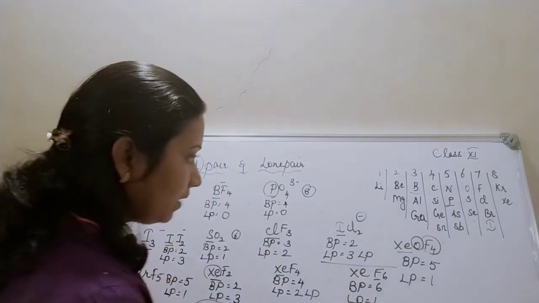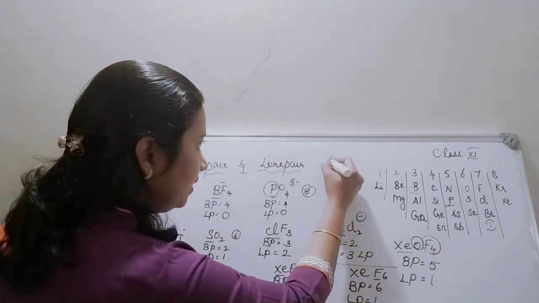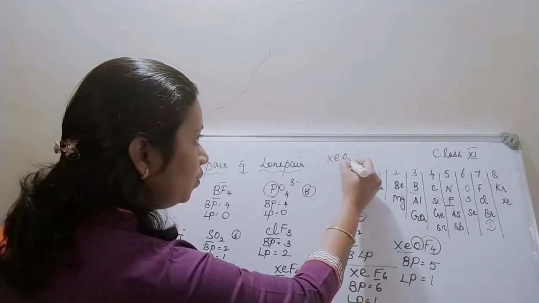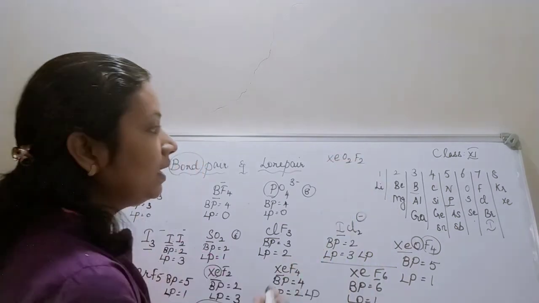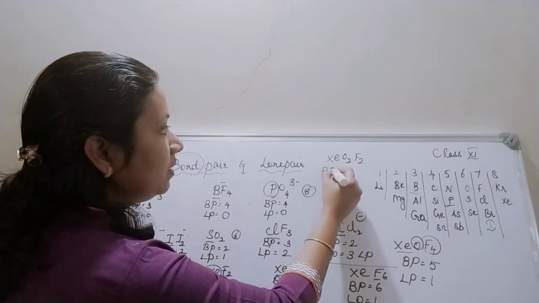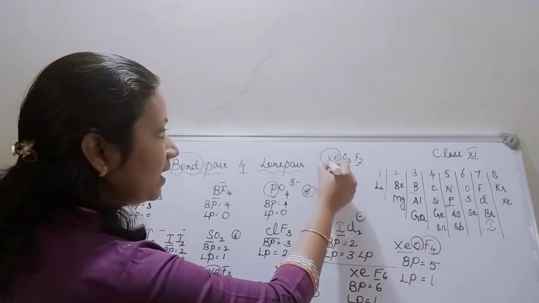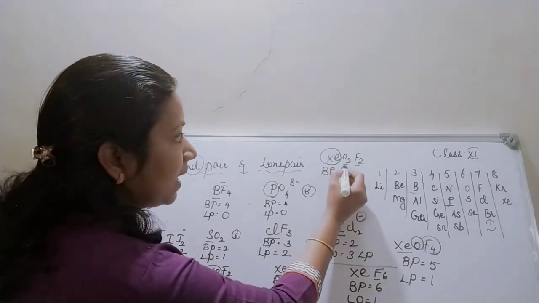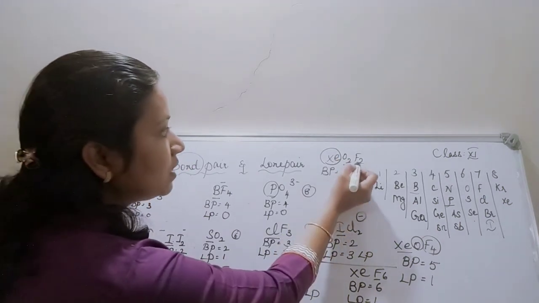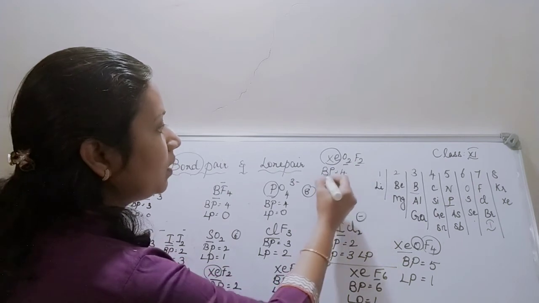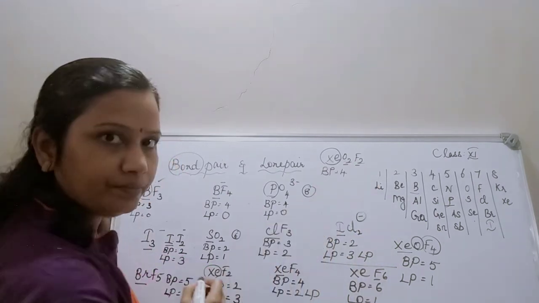So, the last one will be, can I write here? Yeah, it is XeO2F2. Okay, how many bonded pairs are present, children? See, 2 oxygen atoms and 2 fluorine atoms. I identified the central atom as xenon. 2 oxygen atoms and 2 fluorine atoms are present. 2 plus 2, 4. So, bonded pair is equal to 4.